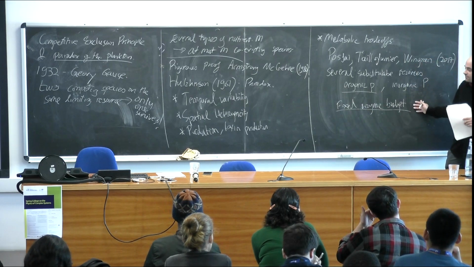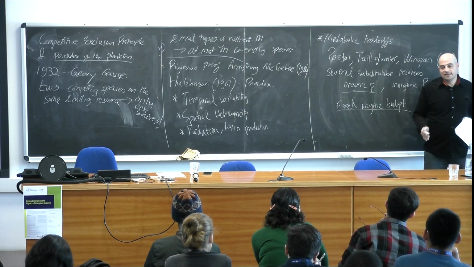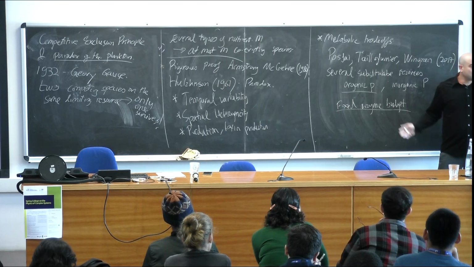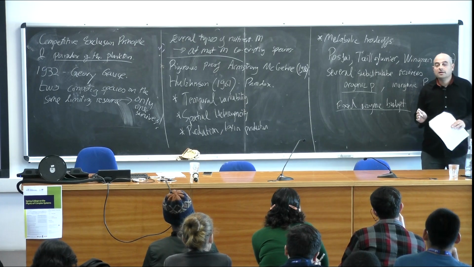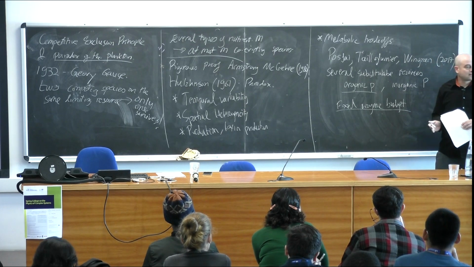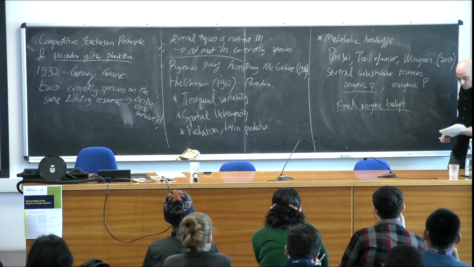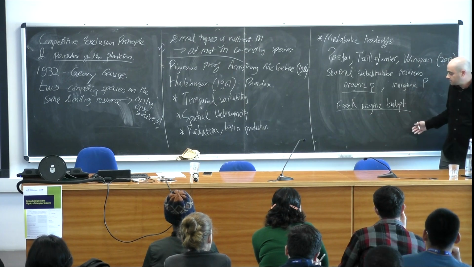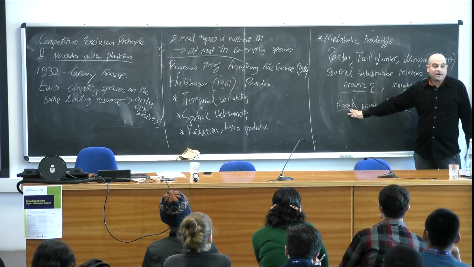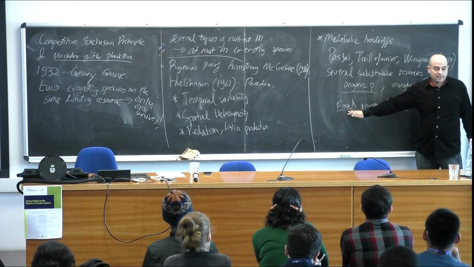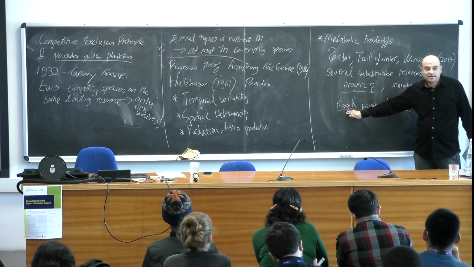They show that under this condition, you can actually have as many species as you want coexisting on a few limiting resources.